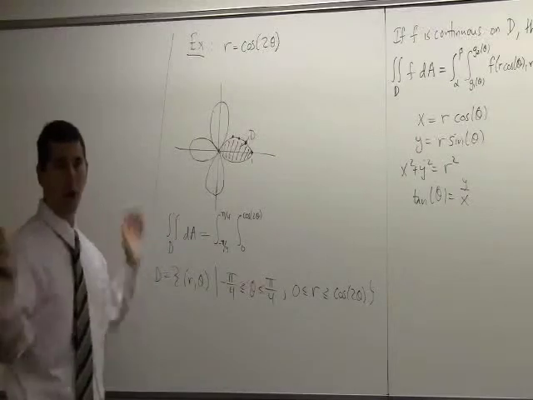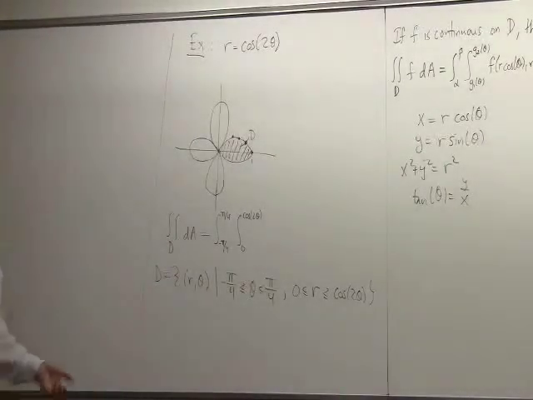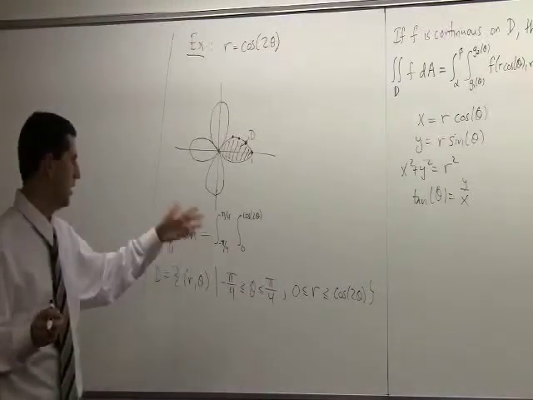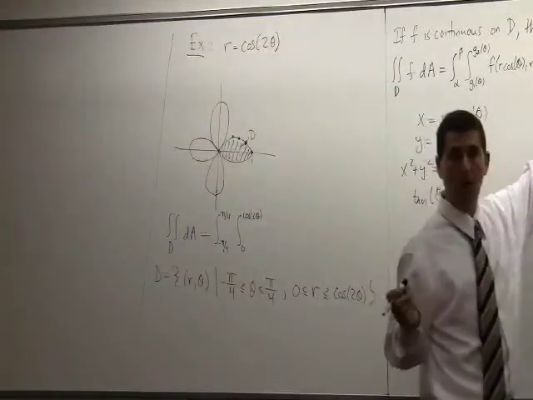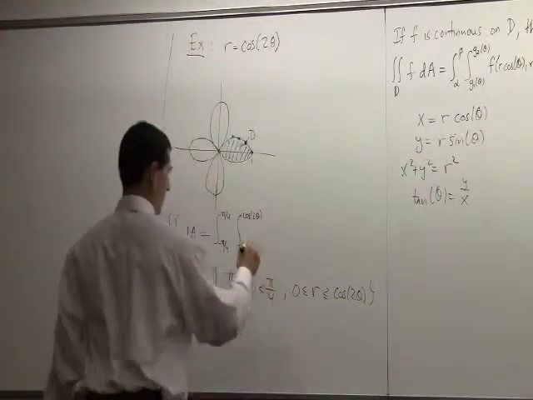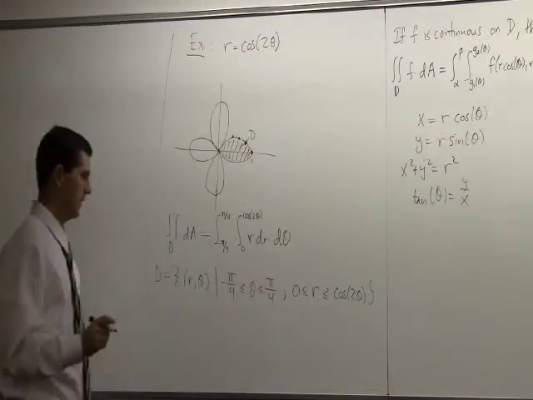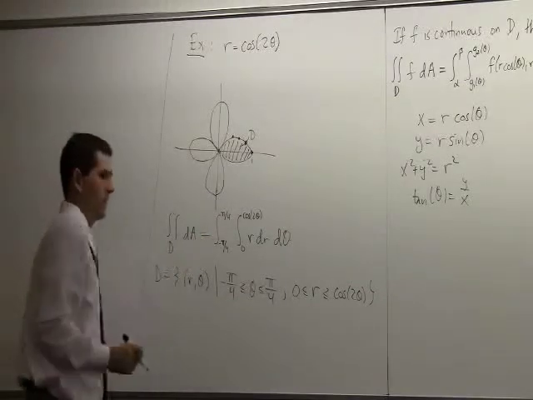So there's no r cosine theta, r sine theta, because there's no x and y. It's just a 1 here. But we still have to remember the r before the dr d theta. So that's what we need to compute.